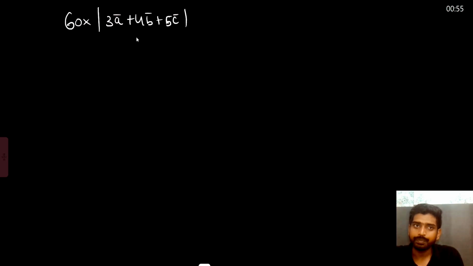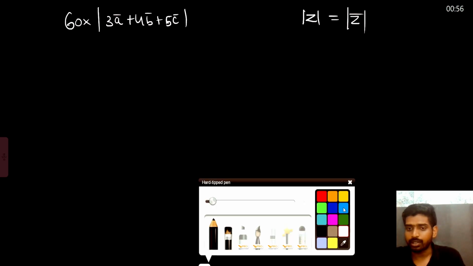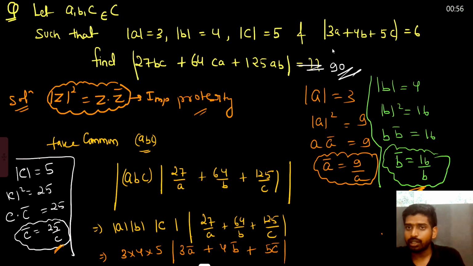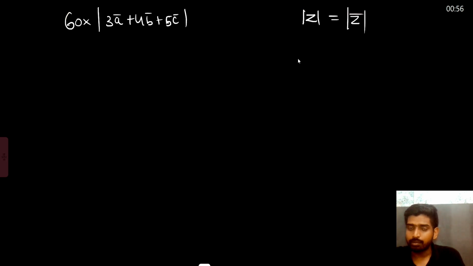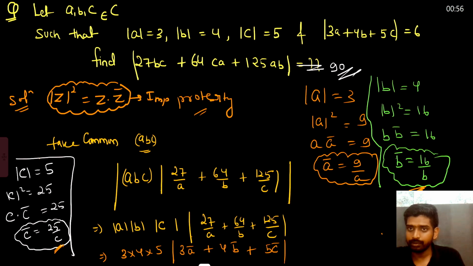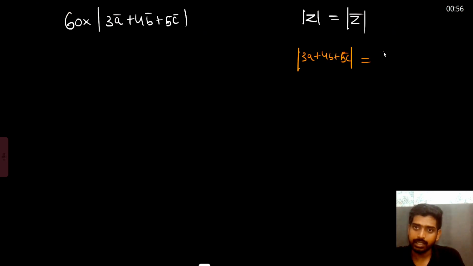Got it? So, we know one property, that if we find the modulus of z and the modulus of the conjugate of z, both are exactly the same. The magnitude is the same for z and z bar. In a similar way, in the question they have given the modulus of 3A plus 4B plus 5C is equal to 6.